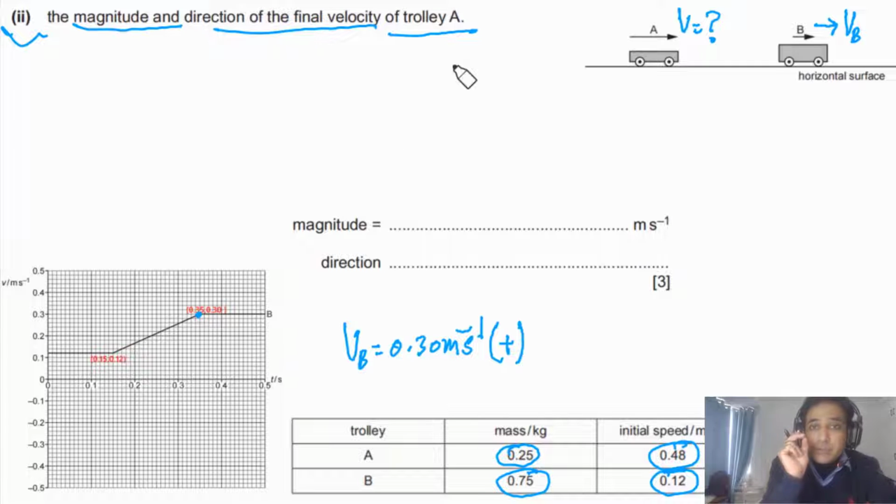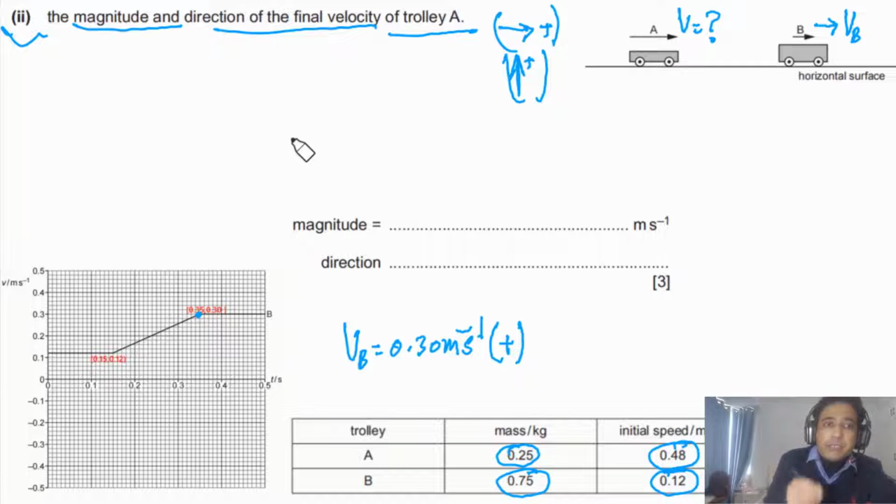In any question, if it is not given to you whether to the right is positive, or to the left is positive, or up is positive, or down is positive, by convention to the right we take positive, and upwards we also take positive. These are the conventions you will see in the exams, and also in different textbooks. So we follow these conventions. This is the first thing you need to understand.